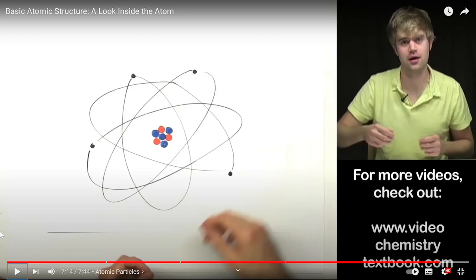If the nucleus were the size of a grape, the electrons would make a cloud that reached about a mile away. I want you to hold your fingers up to about the size of a grape. Okay? And then think about a mile, or like 1.5 kilometers, if you feel more comfortable with that. Okay, because 1.6 kilometers is a mile.